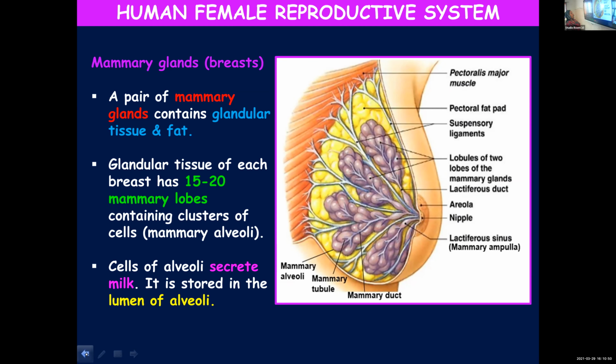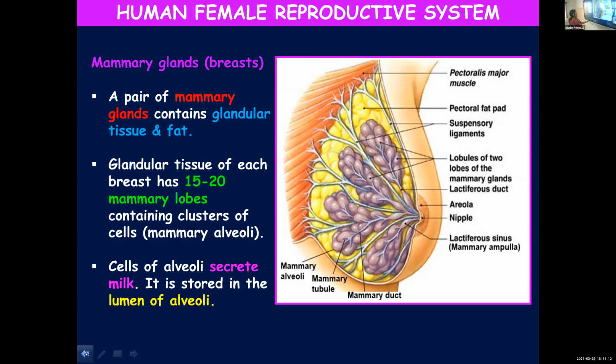These lobes are made up of clusters of specialized cells. You call them mammary alveoli. And what is the function of mammary alveoli? They secrete milk. And where is it stored? In the lumen of alveoli.